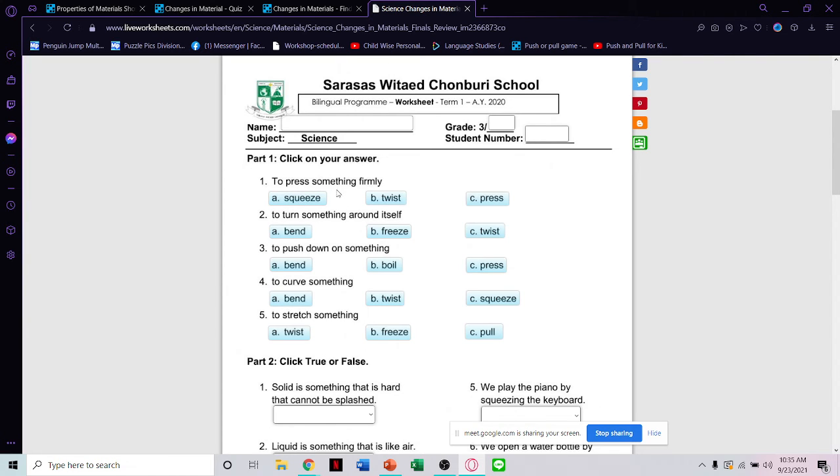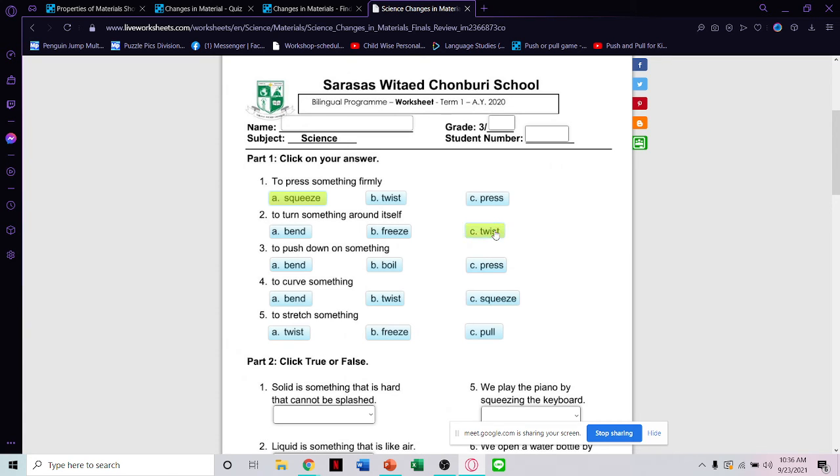Now, number 1, to press something firmly means squeeze, twist, or press. To press it firmly, strongly. Press. Next, to turn something around itself.